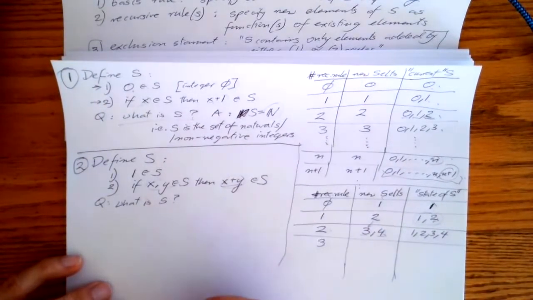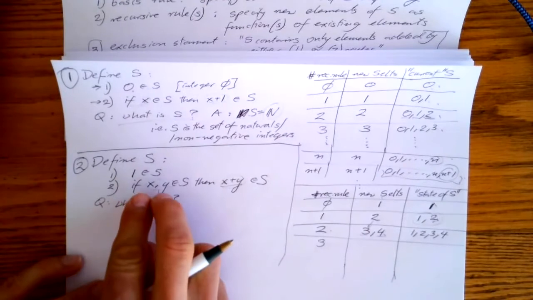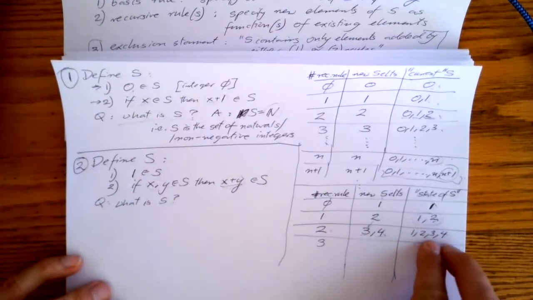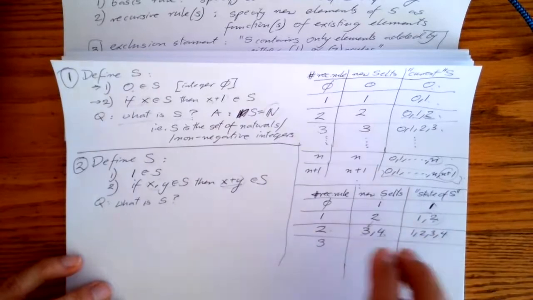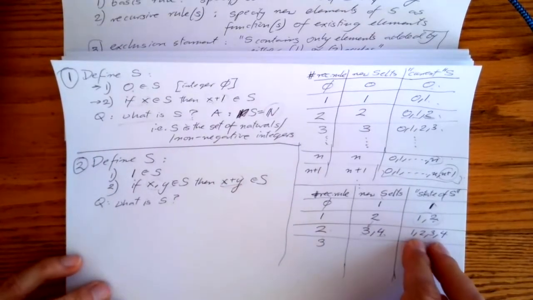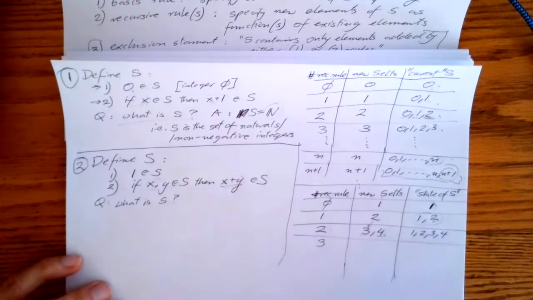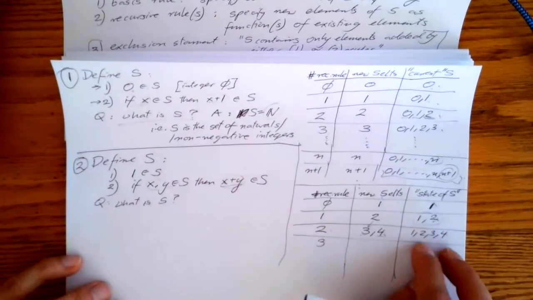Let's use the recursive rule now again, applied to all of these. What are we adding? X and Y are elements here. What would be the interesting cases that do not duplicate? Because we can always duplicate, and adding an element to a set that already exists in it does nothing. It doesn't double the element in the set, and it doesn't remove it either.